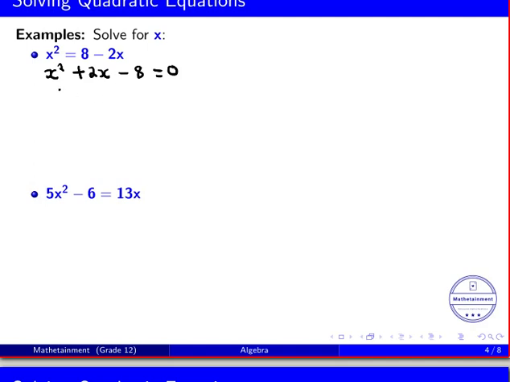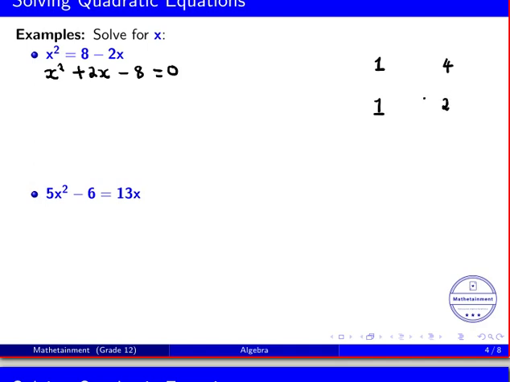And if we want to factorize the expression on the left-hand side of that equation, it looks like that expression is a trinomial, hence we are going to employ the trial and error method to find our factors there. The factors for 1 are 1 and 1, because 1 is the coefficient of x squared, and the factors for 8, such that when I subtract them, they are going to give me 2, after I've multiplied them with the factors for 1, it looks like I need 4 and 2 there.